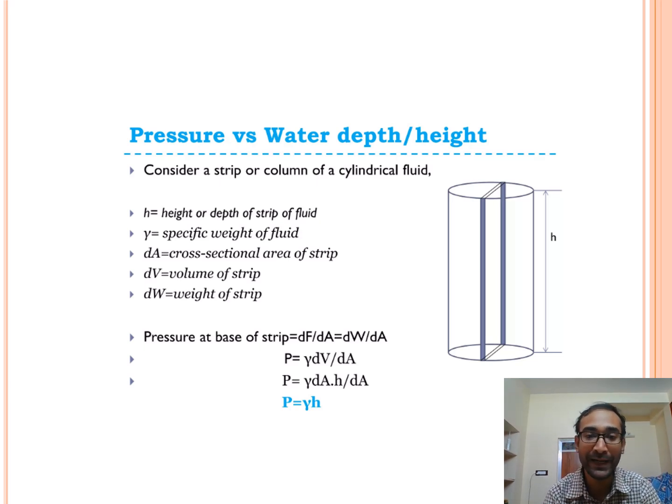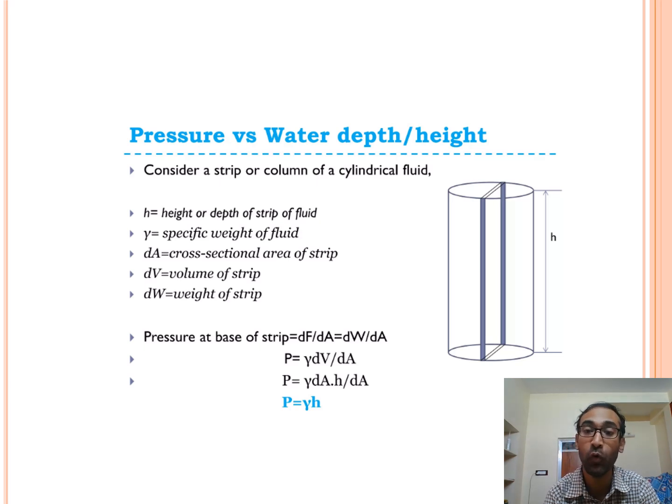Pressure at the base of a strip is dF by dA. If we consider h as the height or depth of a strip of fluid, gamma as the specific weight, dA as the cross-sectional area of the strip, dV as the volume of the strip, and dW as the weight of the strip. Now at the base of the strip, pressure means force by area, so there is a force dF by dA. What will be the base force?